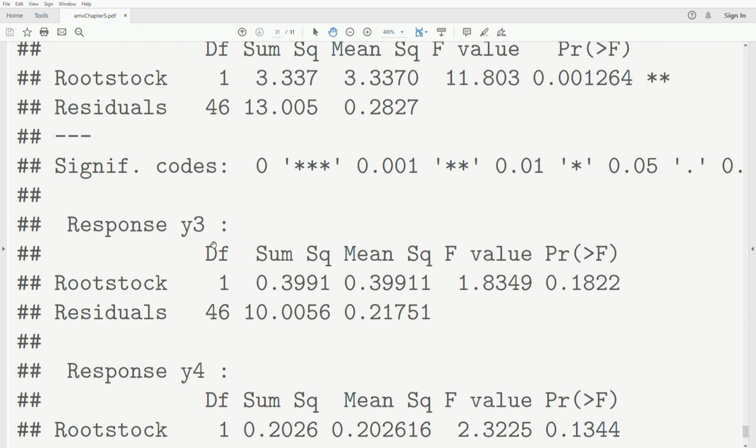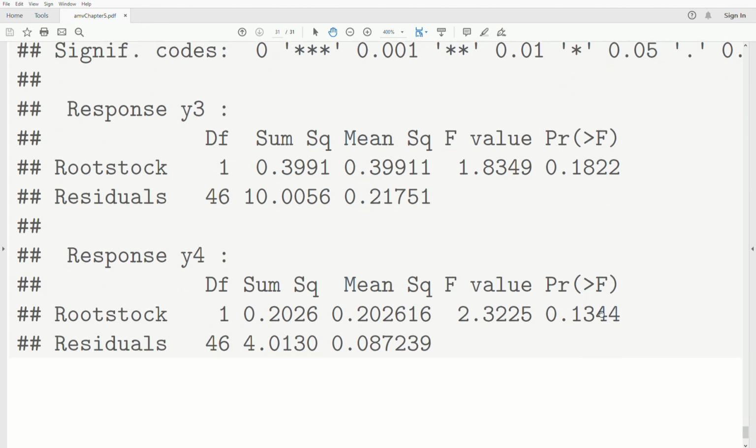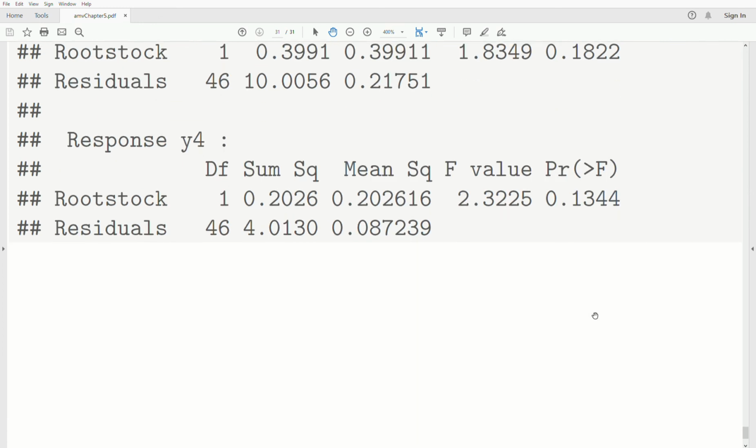Now looking at response 3, the p-value is 0.18, so it's not enough evidence to reject the null hypothesis. So we say that the mean response for 3 is similar between the rootstocks. Y4's p-value is 0.13, so we don't reject, and we say it's similar between the different rootstocks. So variables 1 and 2 are the variables that contributed to us rejecting the null hypothesis.